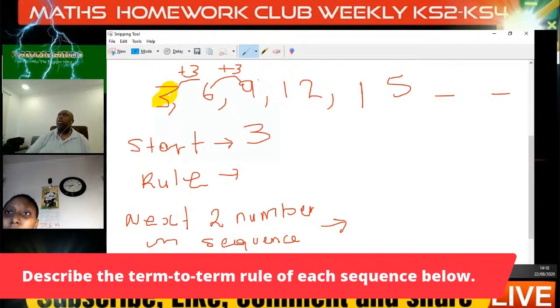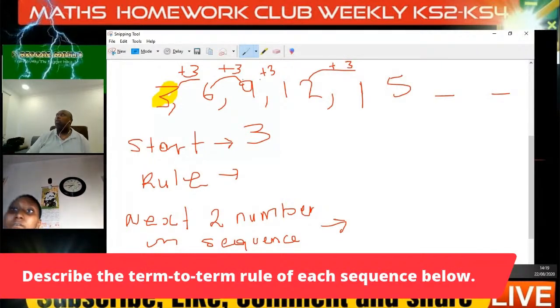Now let's go again. I need to get from 9 to 12. How many did I add? 3. Now I need to get from 12 to 15. 12, 13, 14, 15. 3. Okay.